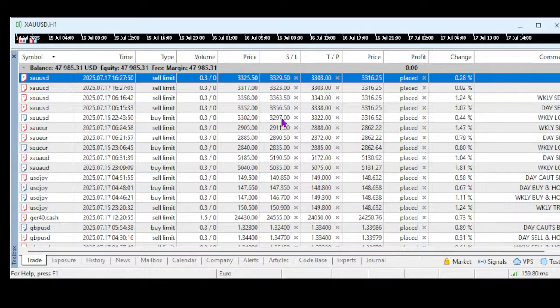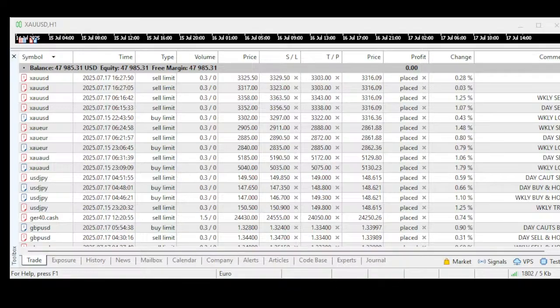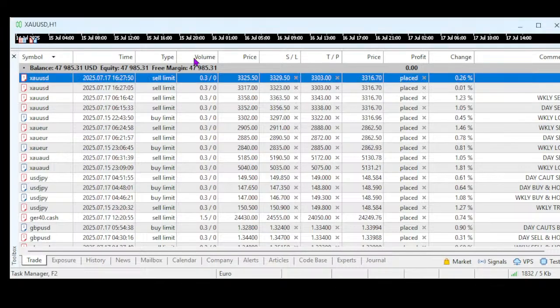Okay, so let's see another chart, gold euro. I think this is also in a similar picture. Okay, this is also a similar picture. So we will try to put a stop at 69 and sell at 64. So this is another trade which we are going to put in.